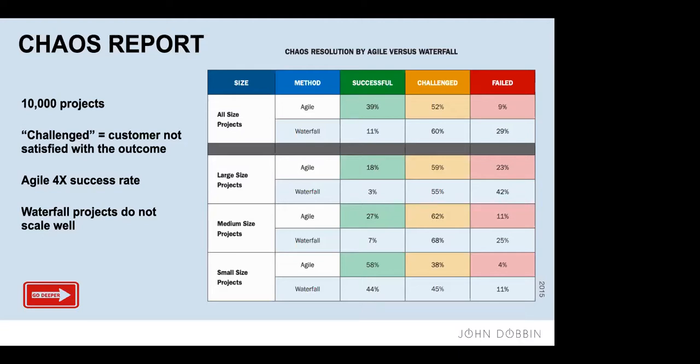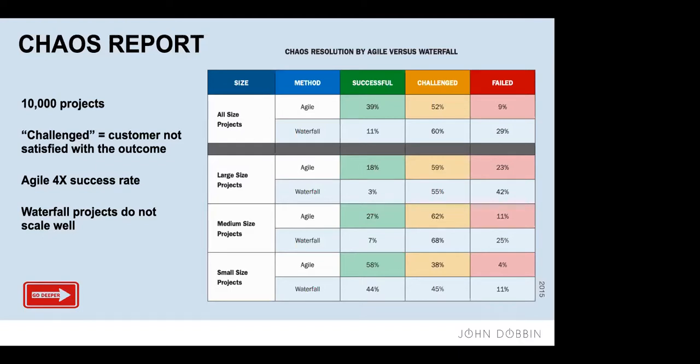So this was a few years ago now, 2015, and they've got a new report out, which costs about $1,000 to buy. So I haven't bought it, but I saw a summary, and it's very similar. There's very similar results. So I think that is important information, and the Agile community is guilty of hyping Agile too much.